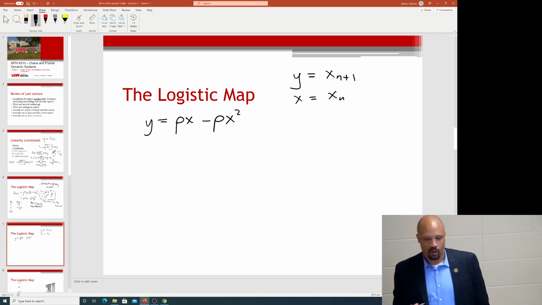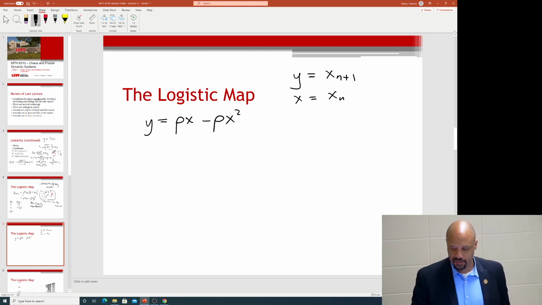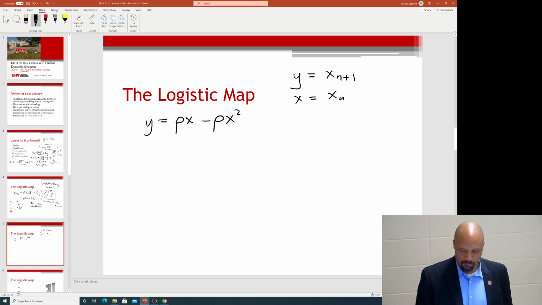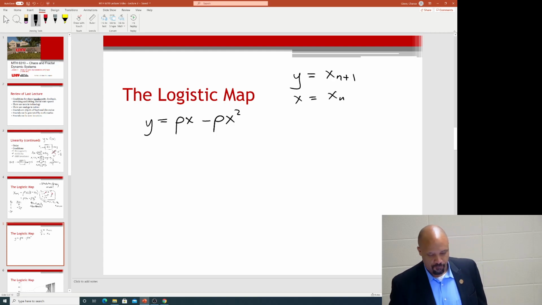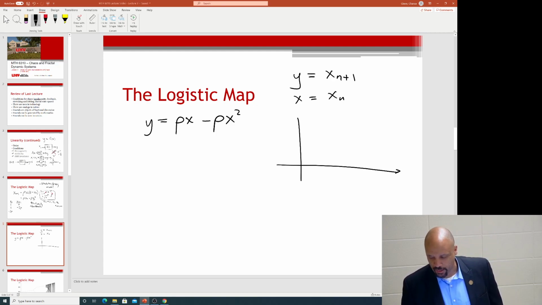Okay, so first of all, let's find out where the midpoint of this map is. Now, what I did not do was draw it. This is a parabolic map. Let's see if we can figure out what it is supposed to look like.